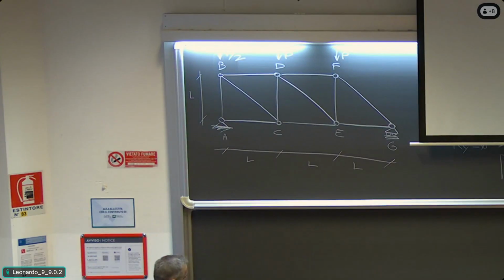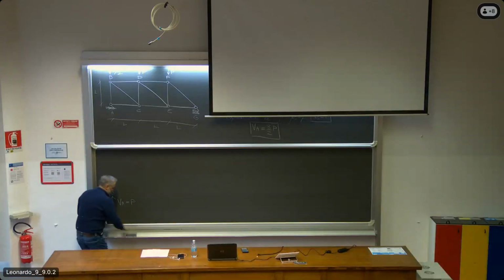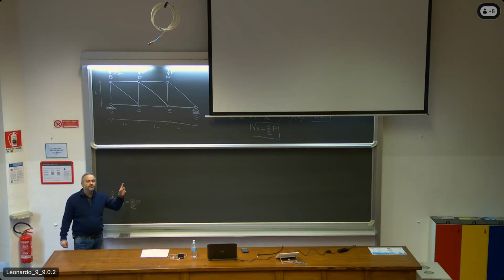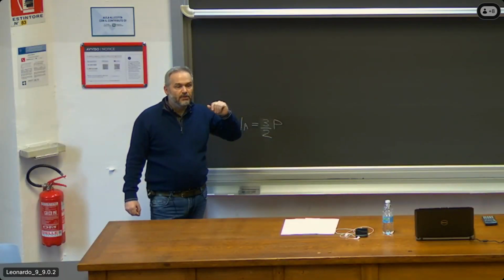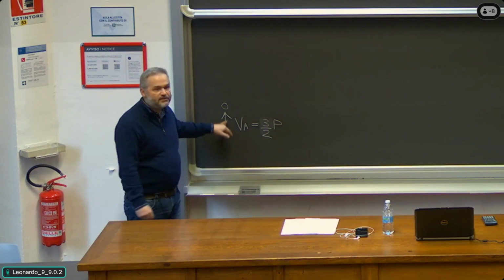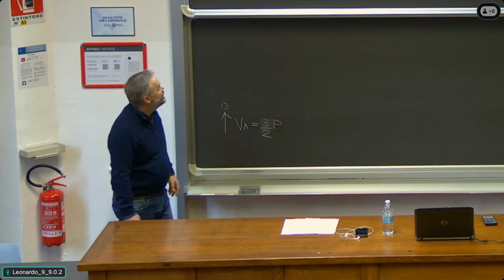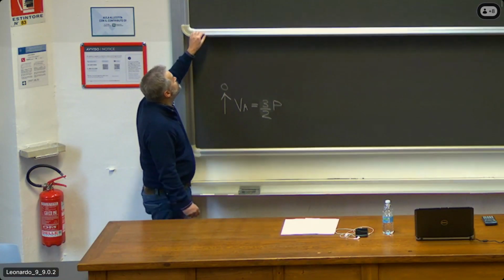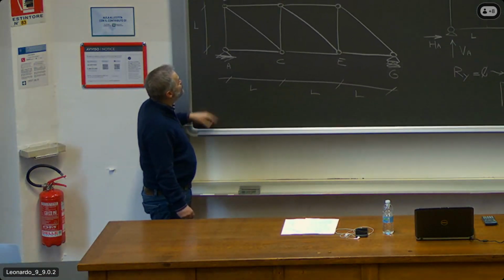So what is the situation of node A? We have a reaction force, which is Va, and we now know it's, sorry, not P, of course, 3 divided by 2 P. Since we assumed it to be upwards, and we got a positive value, it means the force is actually upwards. Then you have two straight members.